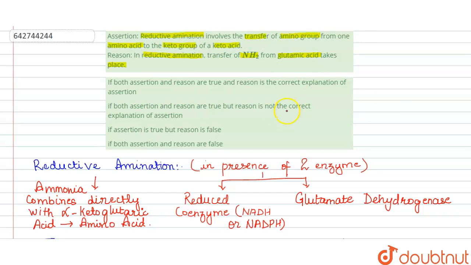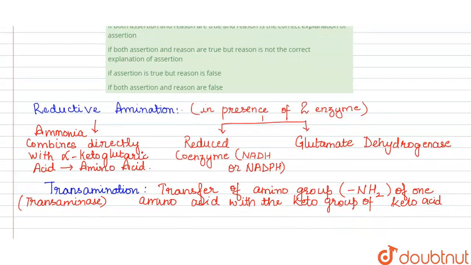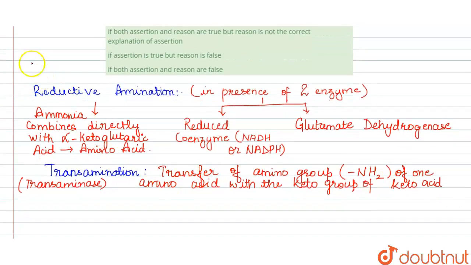Although the transfer from the glutamic acid takes place in the process of transamination, not the reductive amination. So here both the statements are wrong, because the transfer of amino group from one amino acid to the keto group of the keto acid is known as transamination. So here both the statements are false.